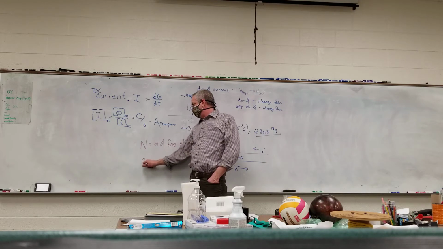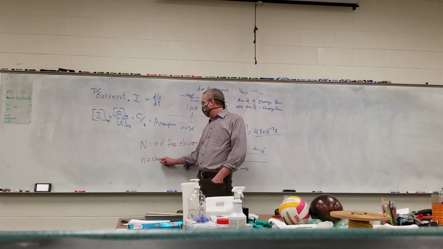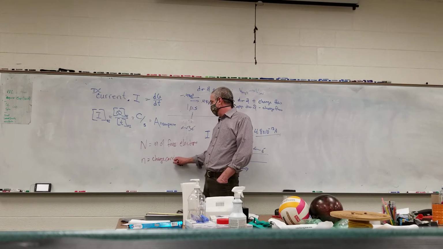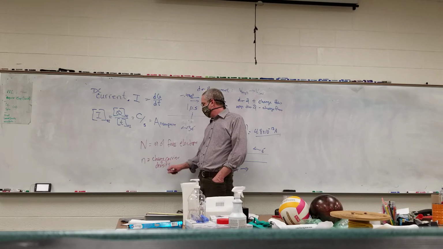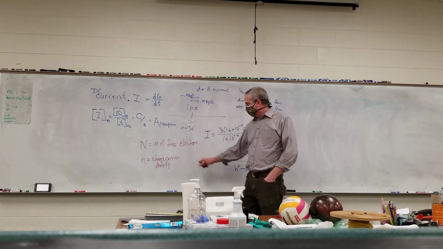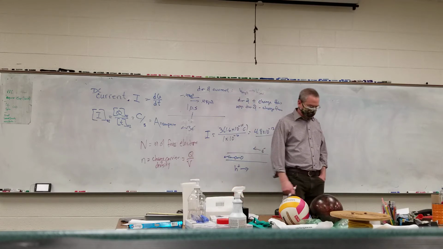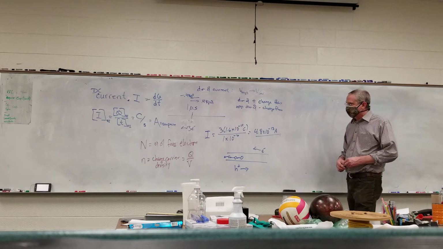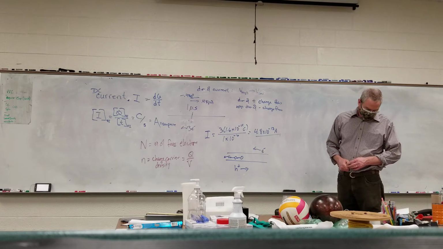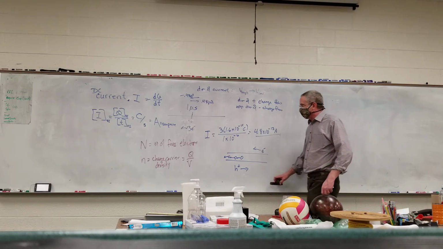I want to define lowercase n as, call it charge carrier density. And this would be the amount of charge per unit volume. I guess I'll stick with big Q right now.